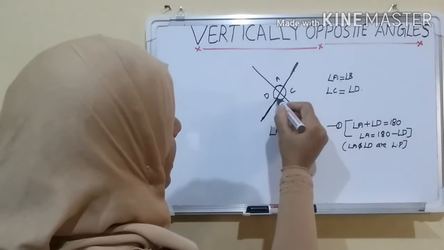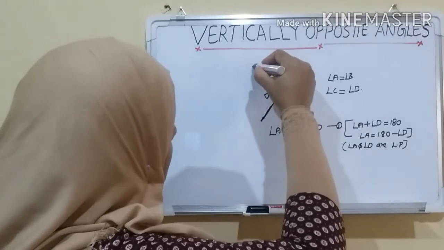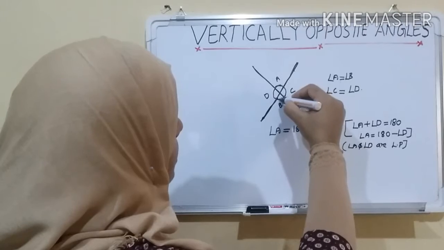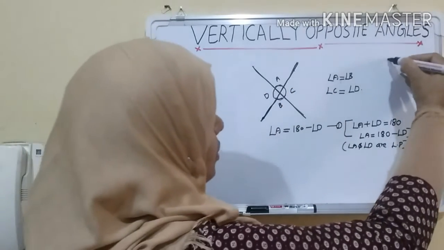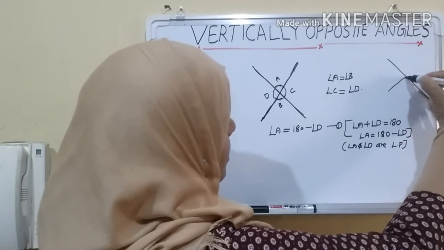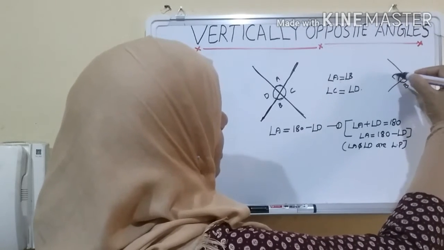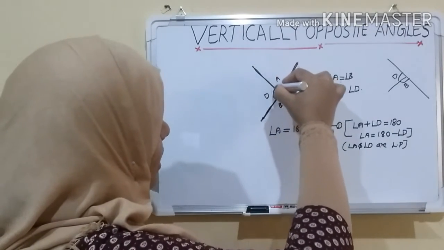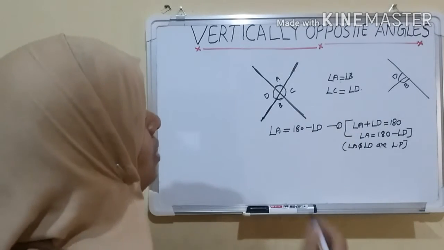Also, what is angle B? We know that this is the line, and here these two angles are linear pair. I am drawing here this angle B and angle D are linear pair, right? Because these angles are formed in this line, angle B and angle D. Okay?